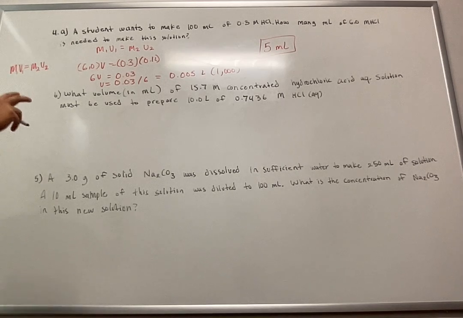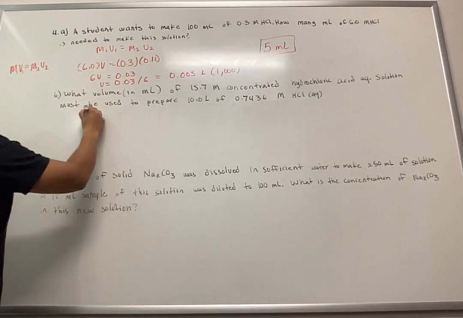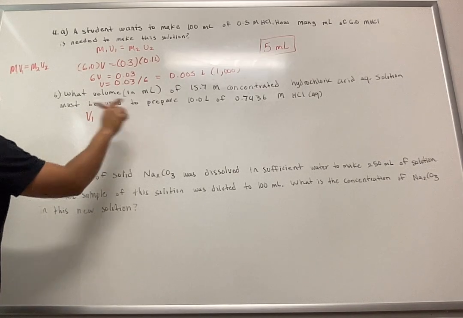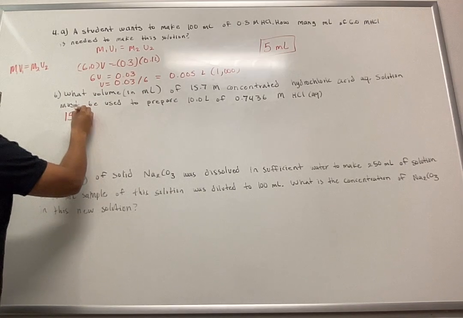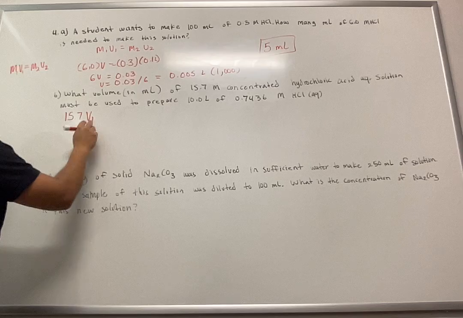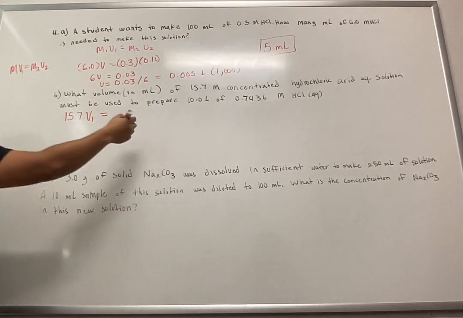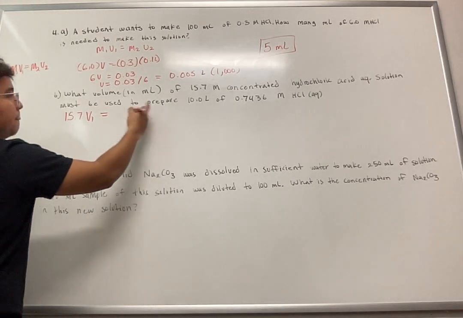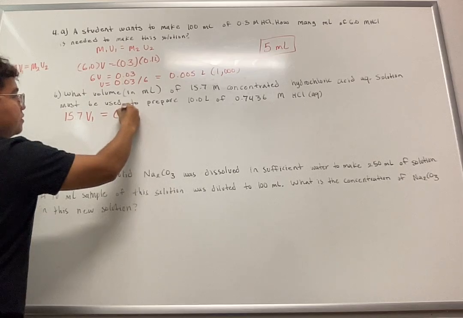So they want the initial volume, V1, that's what we're going to find. 15.7 is the initial concentration. So 15.7 V is equal to what we want, 10 liters, which is my V, and 0.7436, which is my M.